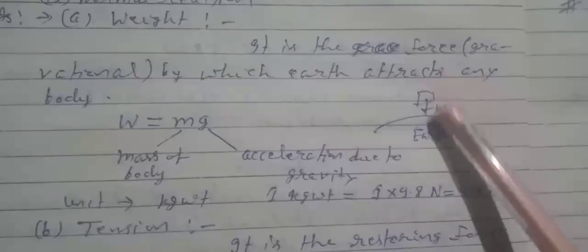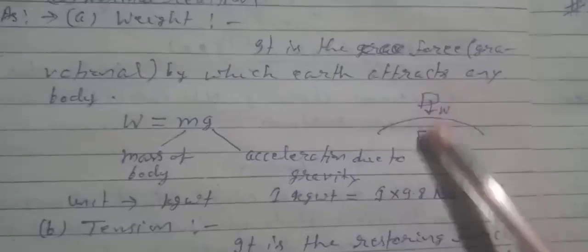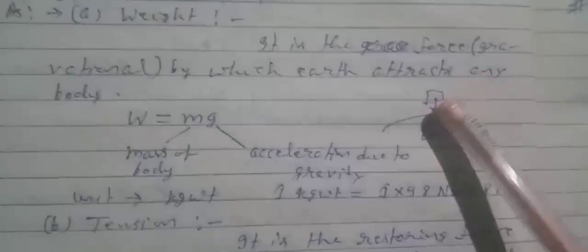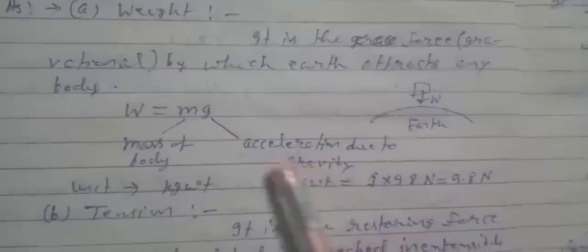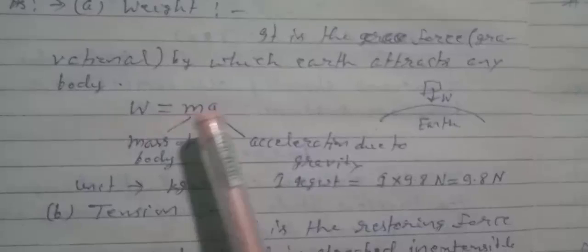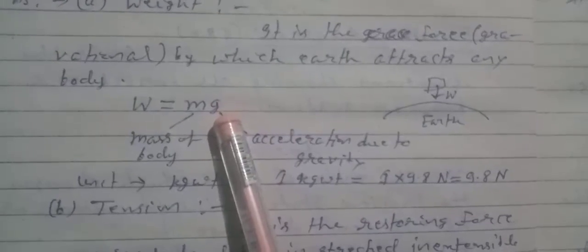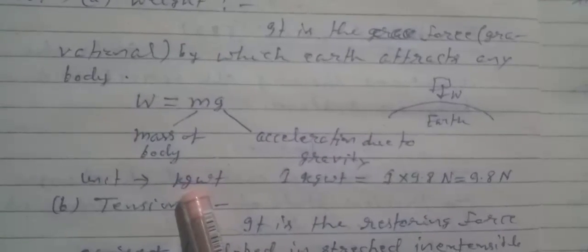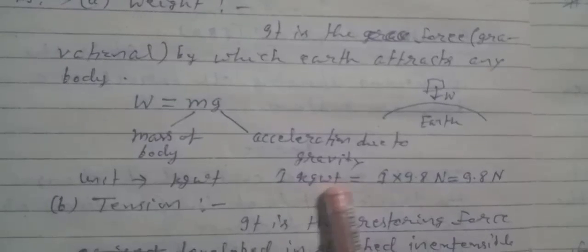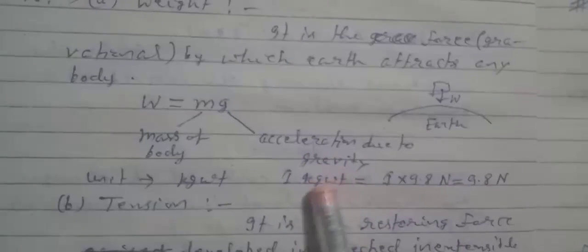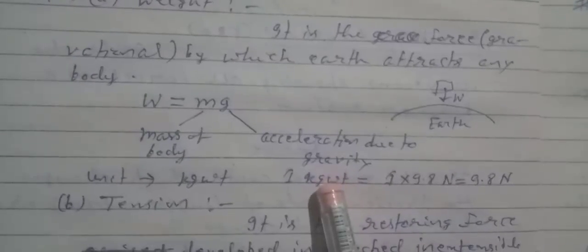Now earth will attract this body toward its center, and so this force arises, and this force is called weight or gravitational force by earth, and its value will be W equals mg if the mass of the body is m and g is the acceleration due to gravity, and the unit will be kg weight, that is 1 kg weight equals 9.8 Newton. Keep this in your mind.